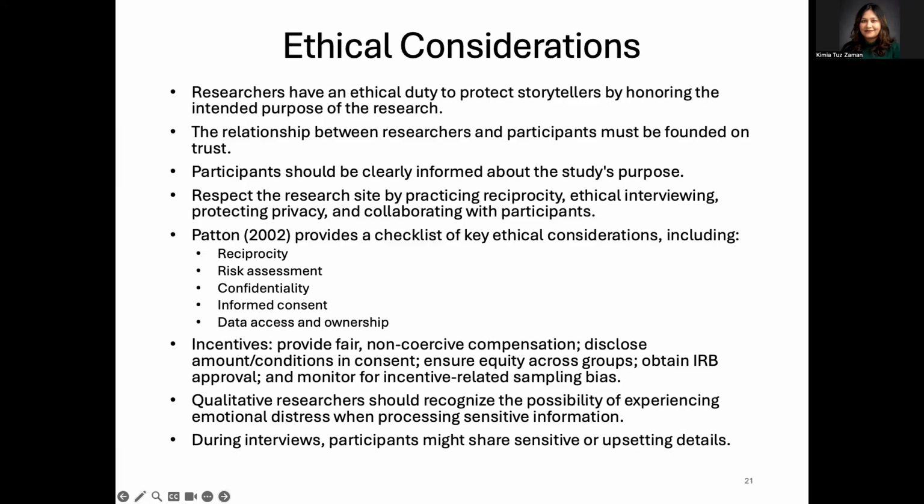Finally, you should be ready for emotional content. Participants may sometimes share sensitive experiences, and researchers should plan support and different referral options.